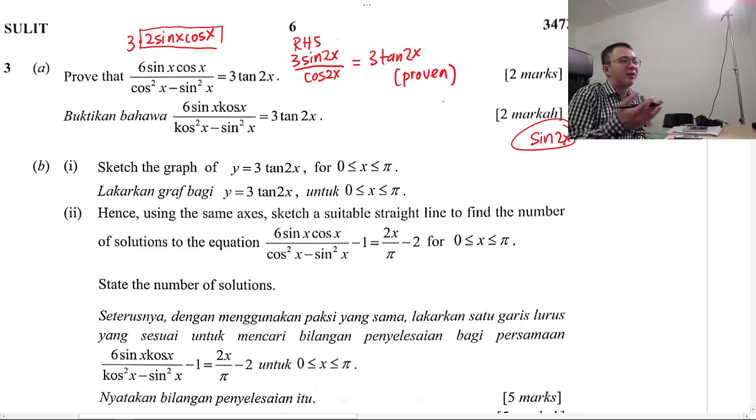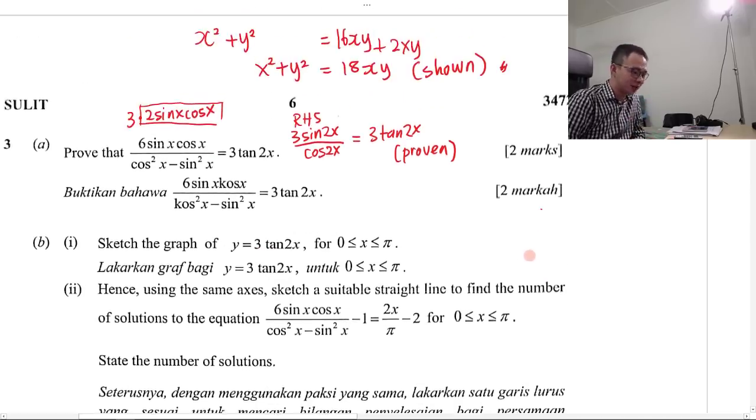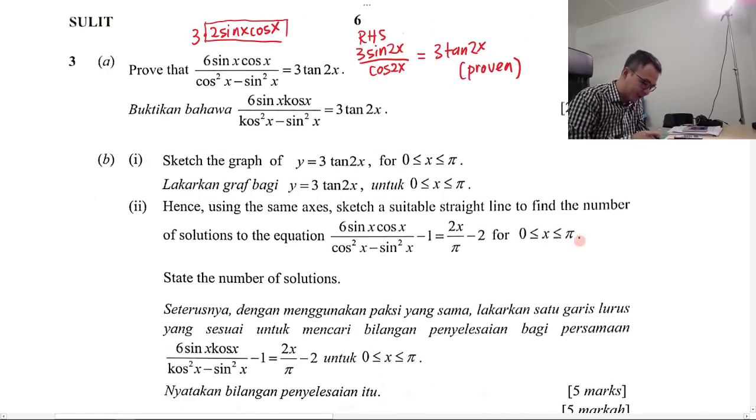Alright, this question is quite easy. If you know about the formula for double angle, you just do it. Then you can easily do that. Alright, then the next thing I need to do is, the question asks me to sketch a graph for 3 tangent 2x. Basically in the graph, the 3 doesn't play a very important role in the tangent graph. Okay, so this is what happened in the tangent graph here.